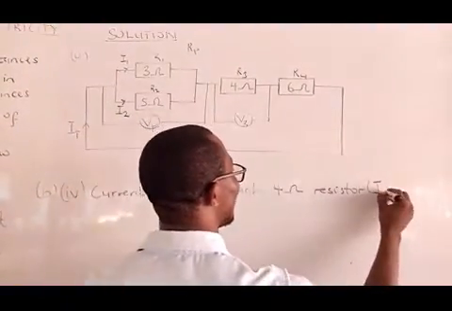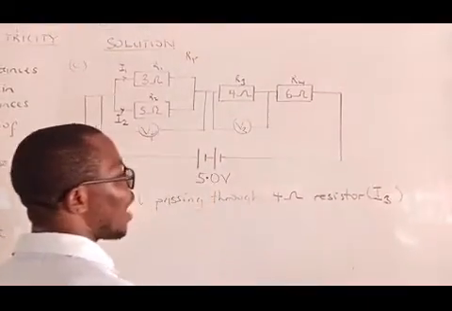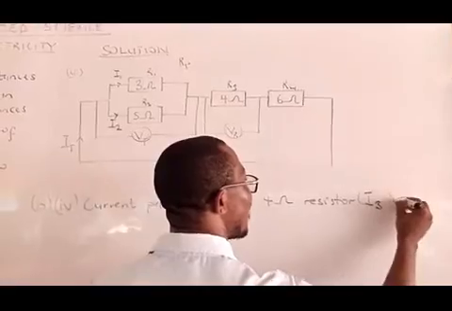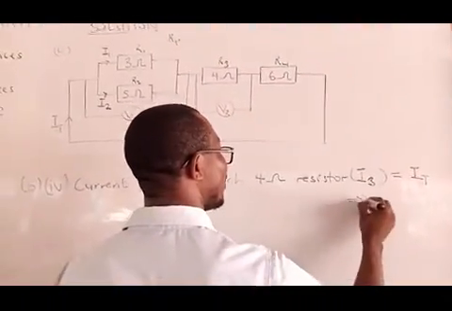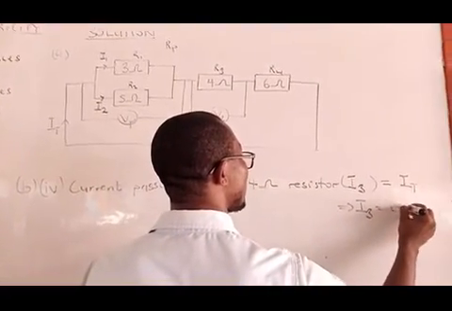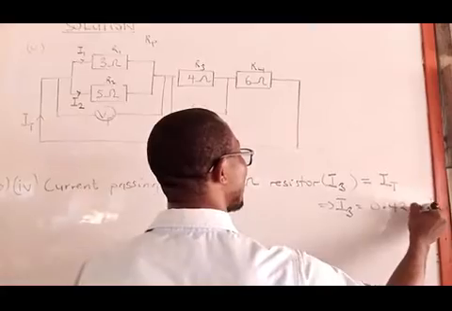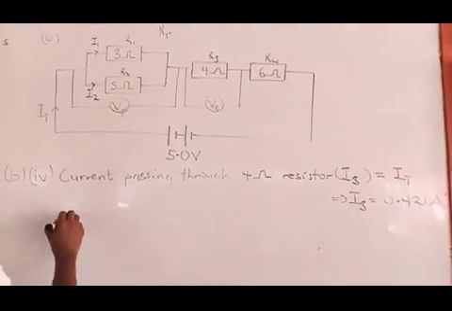I'm labeling that current as I3. It's equal to IT. So your I3 will be equal to 0.421 amperes. So you can now look at the voltage across.